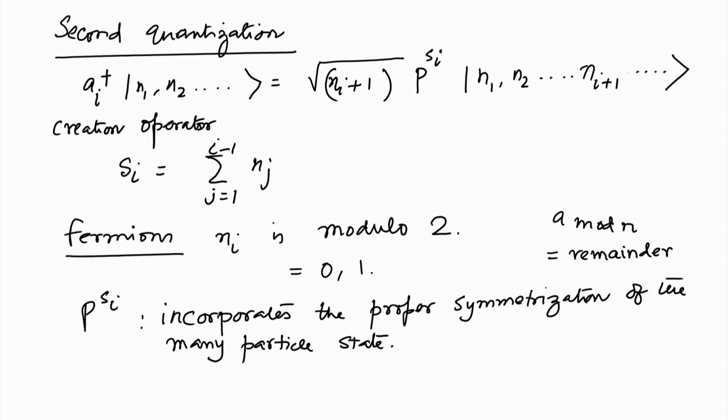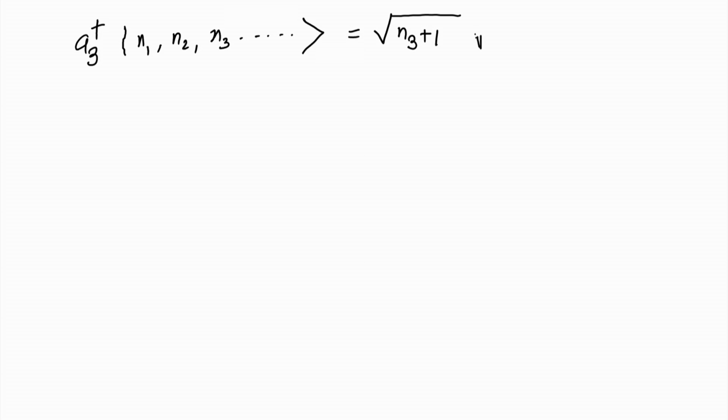So, let us give an example. Take a many particle state which is |n_1, n_2, n_3, ...⟩, and let us operate by a creation operator which operates on this third occupation, and then we can write this as root over n_3 plus 1 and p to the power n_1 plus n_2, and we have |n_1, n_2, n_3 plus 1, ...⟩. Okay.